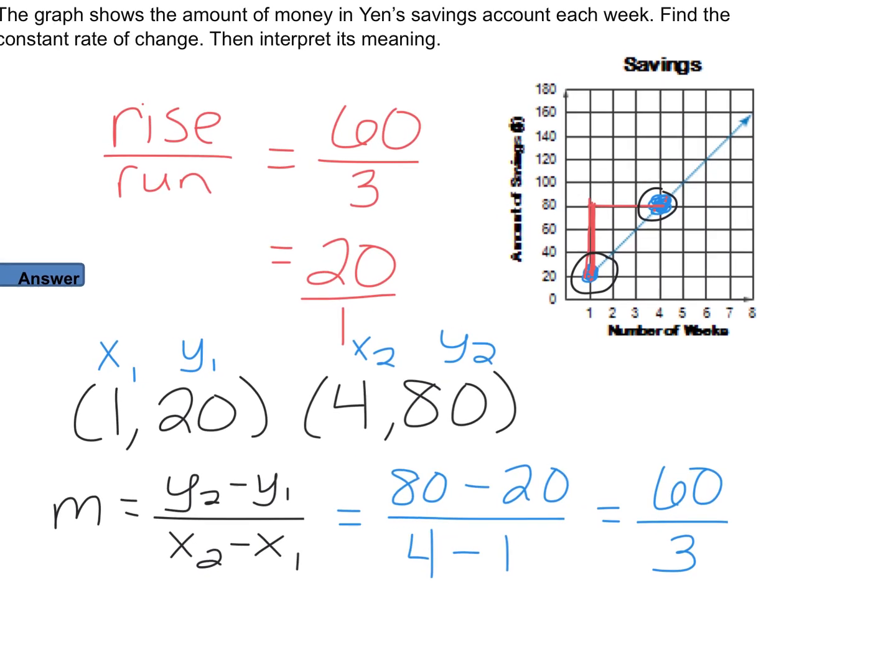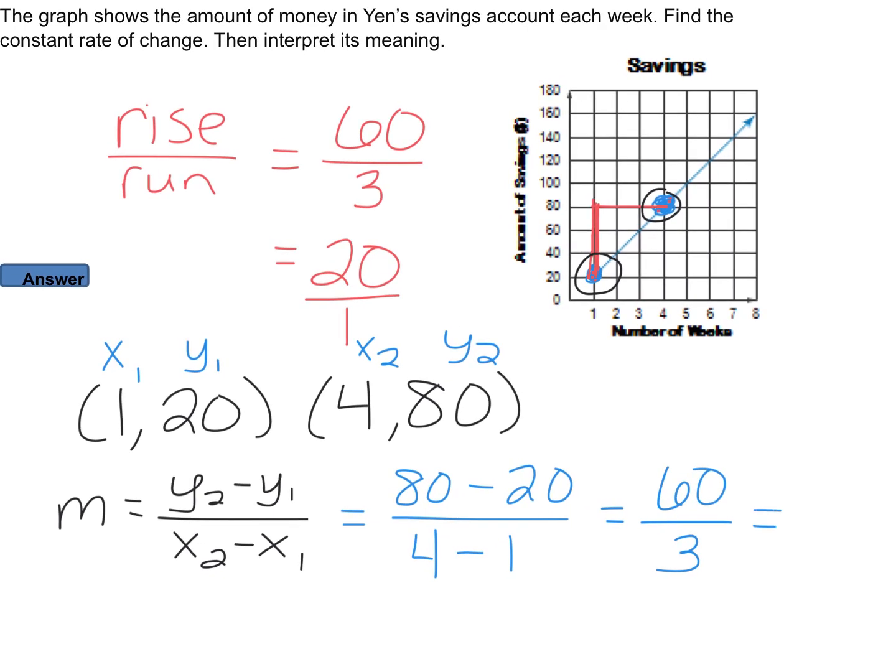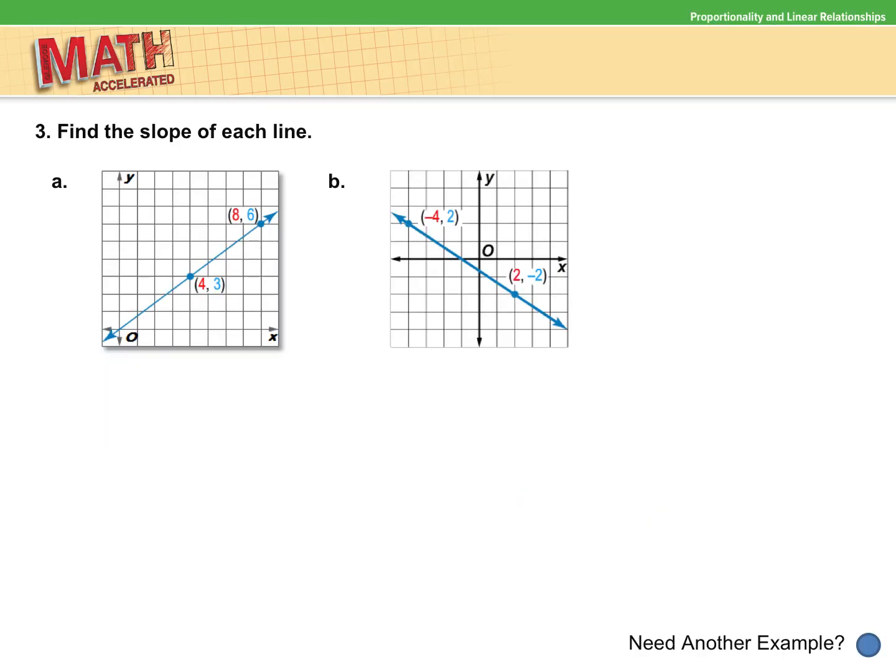Can we simplify? Yeah. What does it give us? 20 over 1. 20. You could say over 1. Did we get the same thing? Yes. So no matter if you have a graph or if you would rather find it using coordinates, you're going to get the same thing. Okay, so what that just gave us is the slope of our line. Any questions so far?